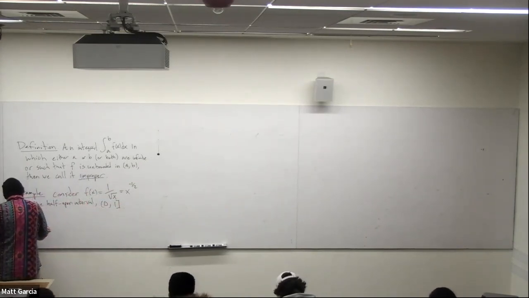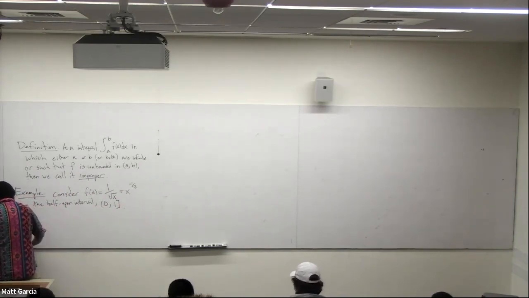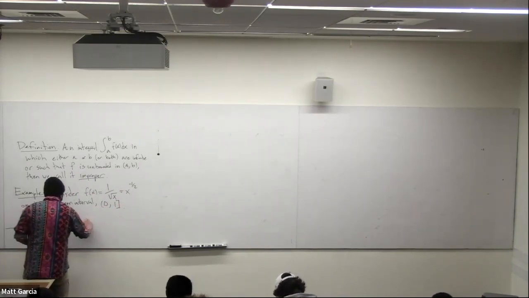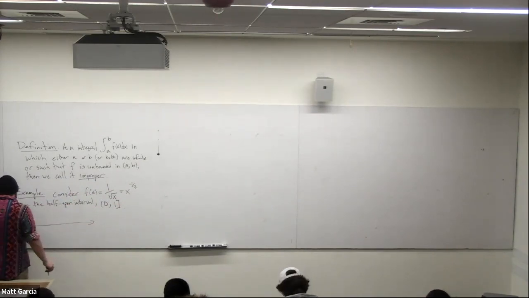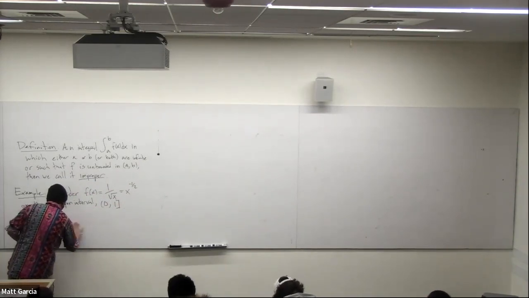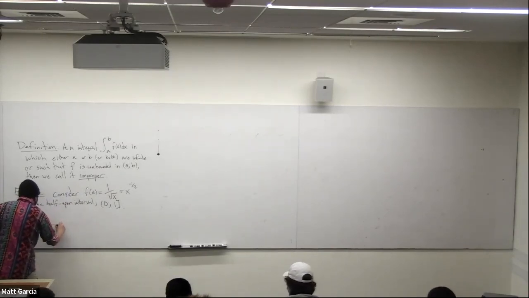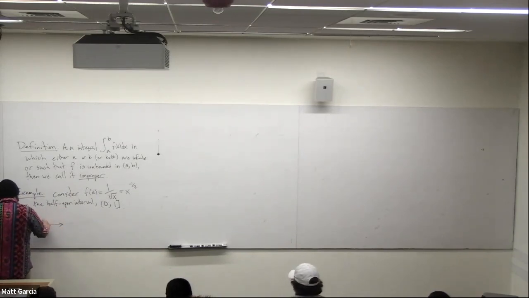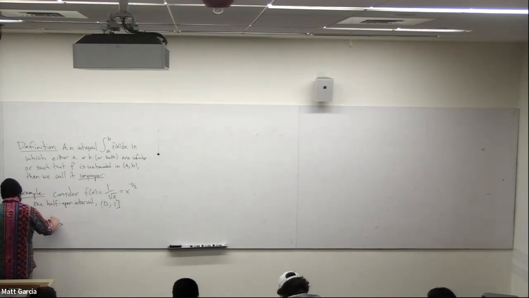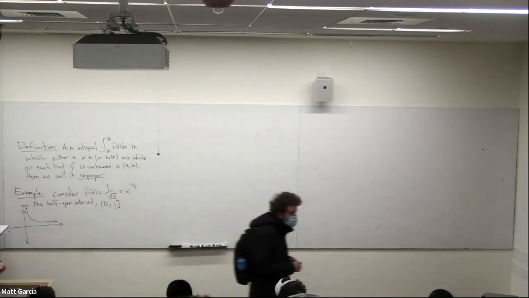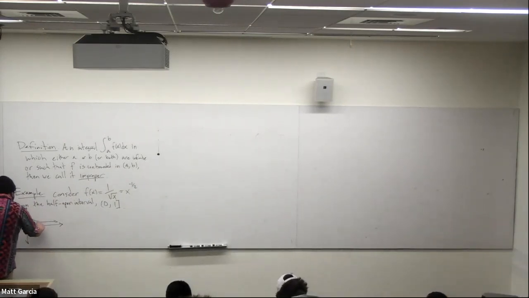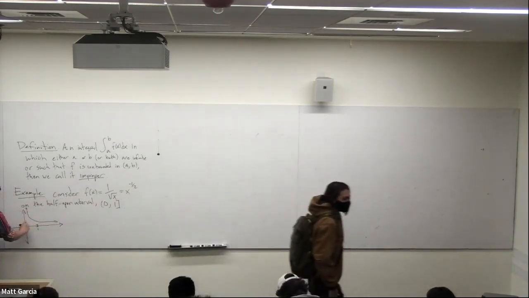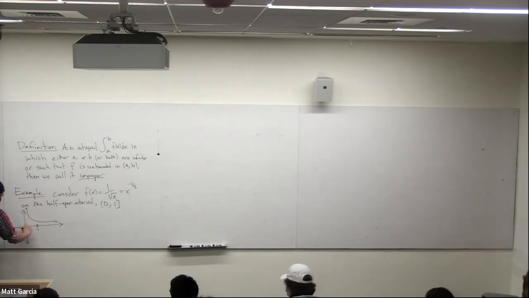Okay, let me just draw a sketch of the graph of this. So this kind of looks like this. Yeah, it's a graph of f of x. Here's the point 1. We're closed here, and we're open at 0.